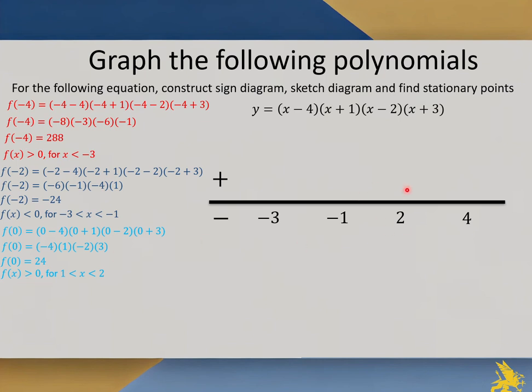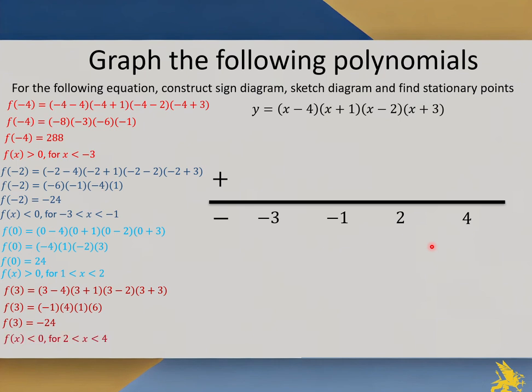We've got to look at between 2 and 4, so I'll do the identical thing. I'll pick 3, and when x is 3, y is -24. So between x is 2 and 4, my y value will be less than 0.